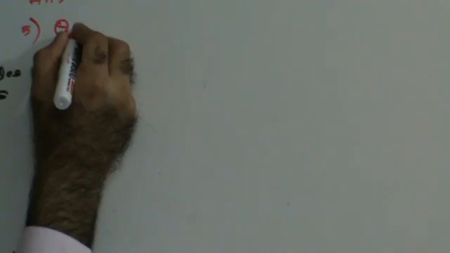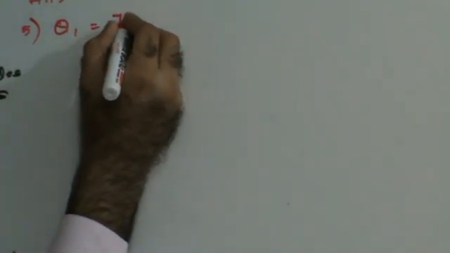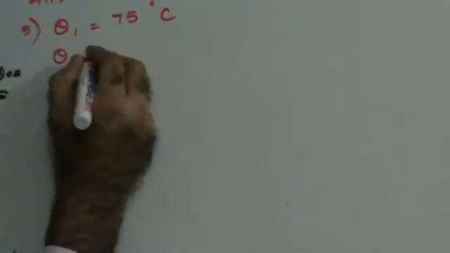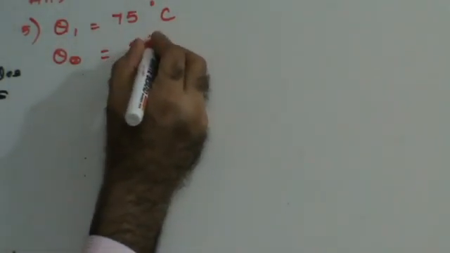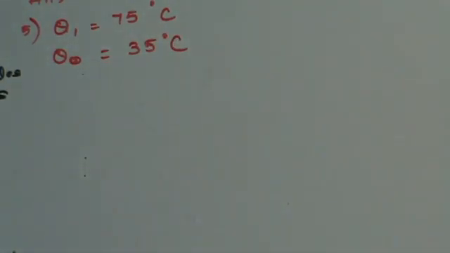Let me make a correction. A body at 75 degrees Celsius cools in a surrounding of 35 degrees Celsius.